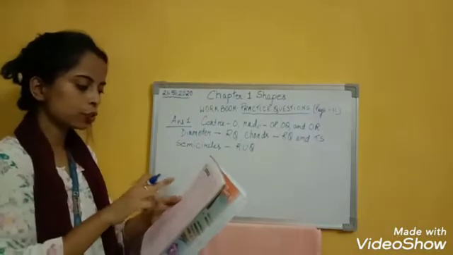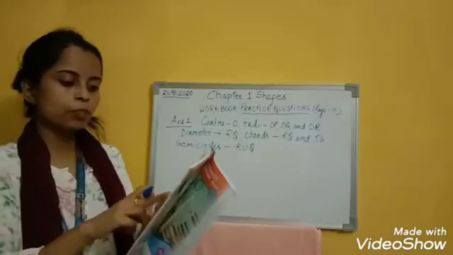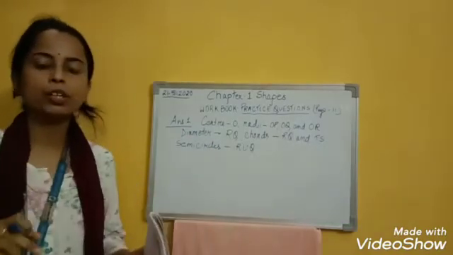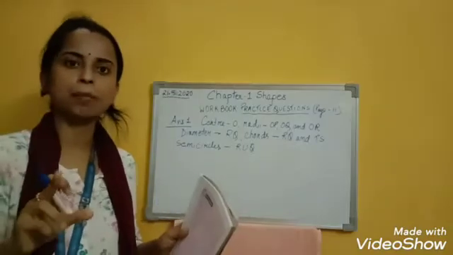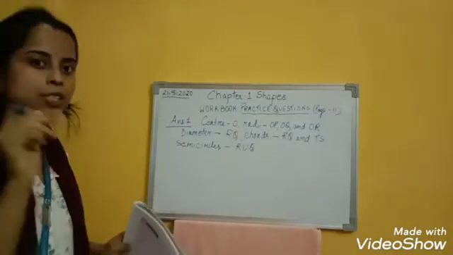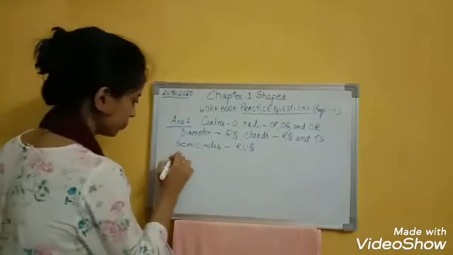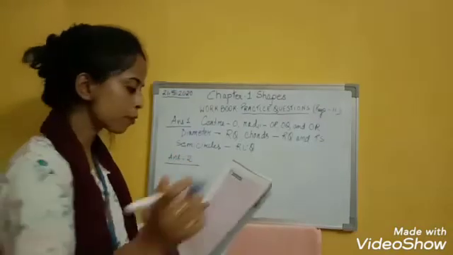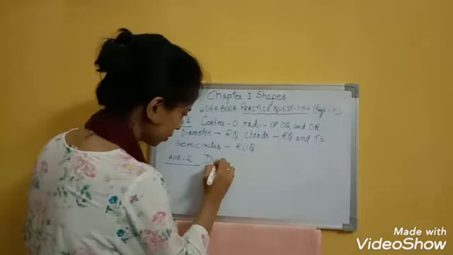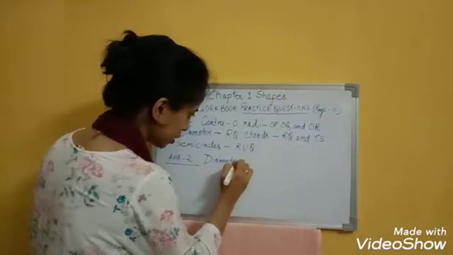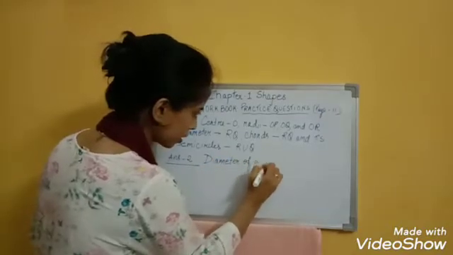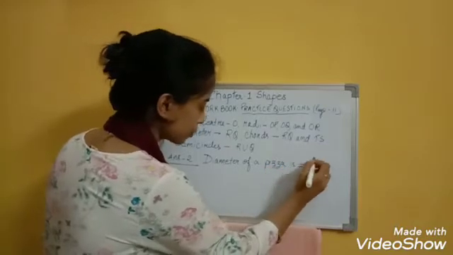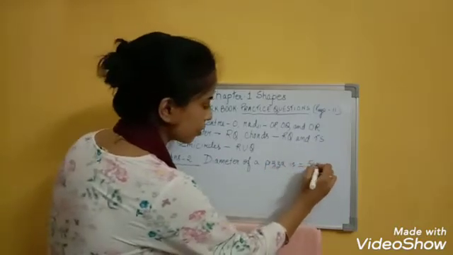What is that? Soham ate a pizza of 50 centimeter. What is its radius? So here you have to find out the radius. Diameter is given, you have to find out its radius. So, diameter of a pizza is equal to 50 centimeter.